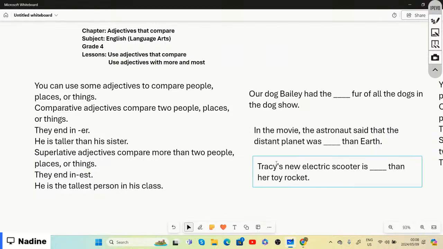When it comes to adjectives that compare, you can use some adjectives to compare. We can compare people, we can compare places, we can compare things, right?